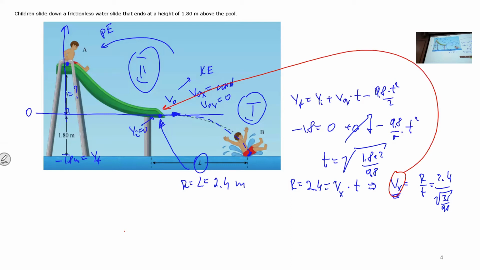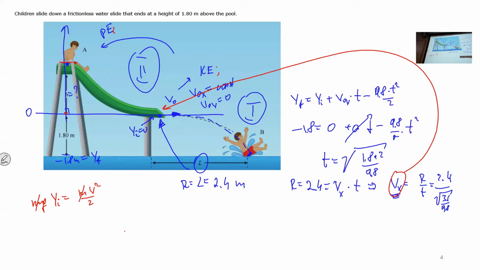And then you say that here you have only potential energy because no initial kinetic. Here we have only kinetic because at zero level there is no potential. So mg y initial should be equal to m v squared over 2.